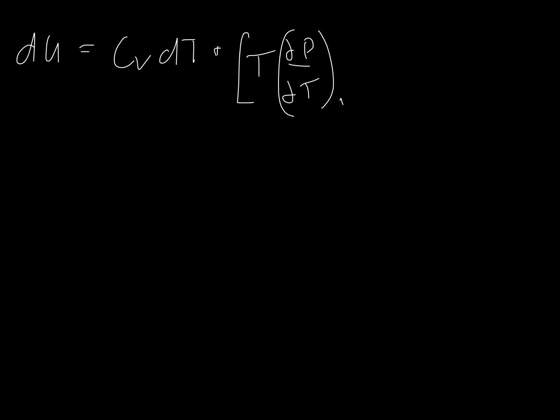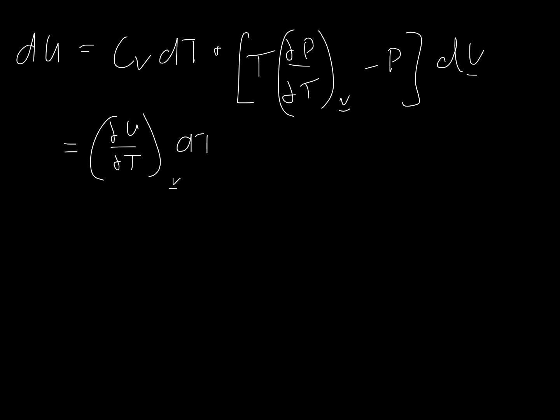So if we take du, which is equal to C sub V dT, plus this big derivative thing, we can relate this to an expansion of du with respect to T and V, which is just du dT at constant V dT plus du dV.